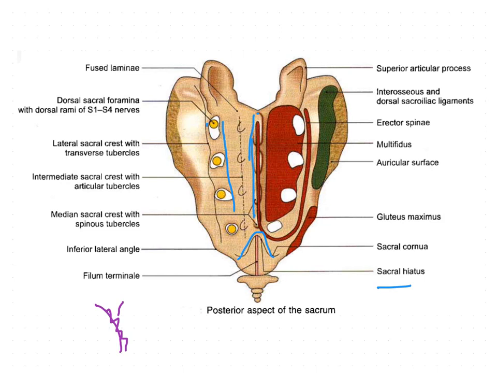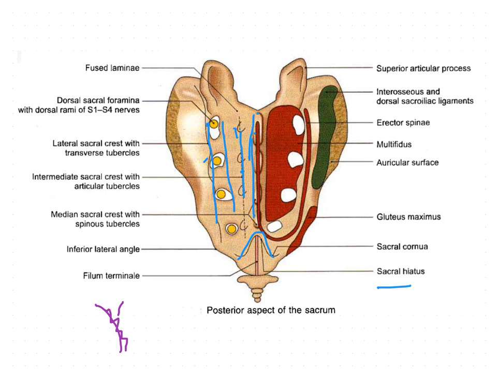And the intermediate sacral crest. This one is the intermediate sacral crest. And another crest present here is the lateral crest. How many crests are present? One is the median sacral crest, the intermediate sacral crest, and then the lateral sacral crest.